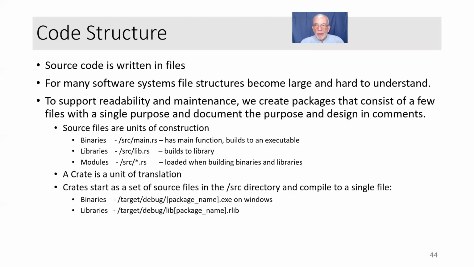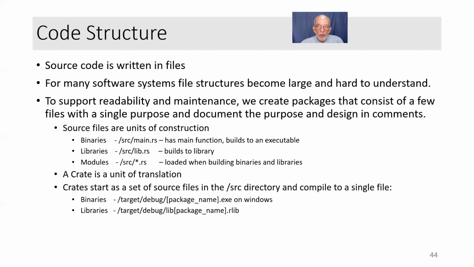Cargo.toml holds metadata about the package and allows us to cite dependencies for the package. And when we build it, Cargo will create a target directory, and inside the target directory, if we're building a debug build, for example, we'll have a debug folder, and in that there'll be an exe. If we're building a binary, there'll be an exe; there'll be a lib package name .rlib if we're building a library.